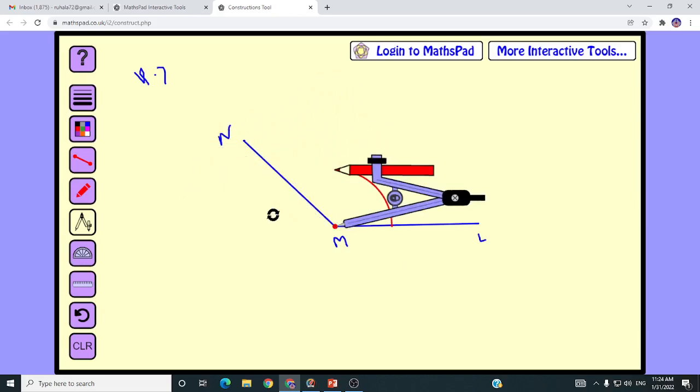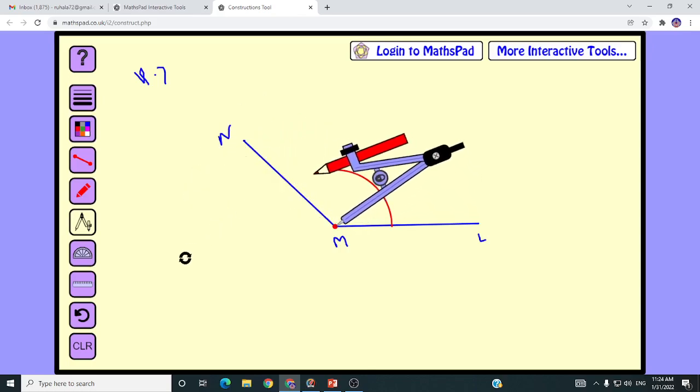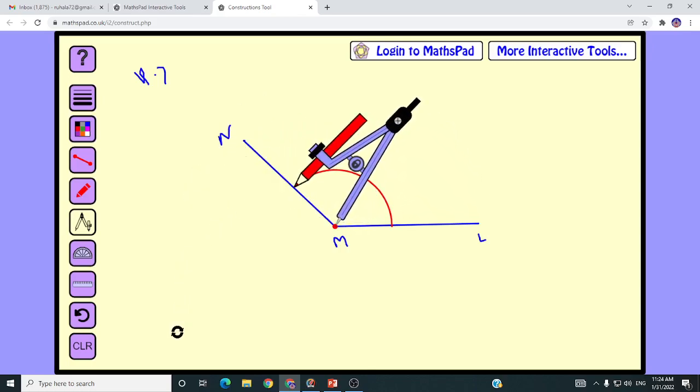You will get 2 points: one point on the MN line and a second point on the LM line.